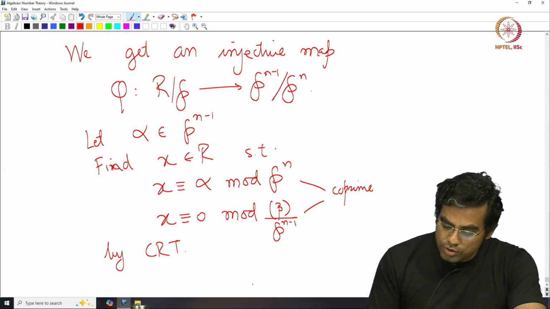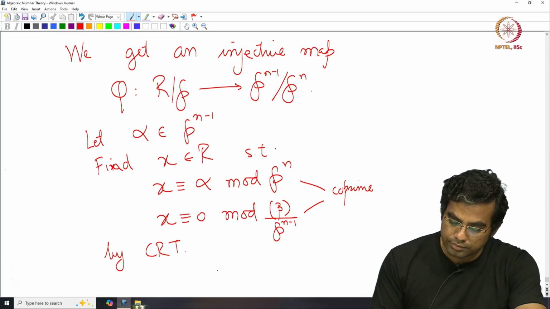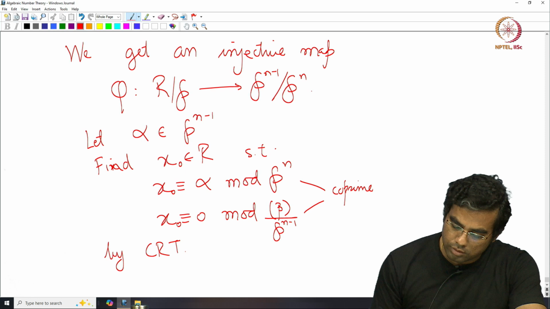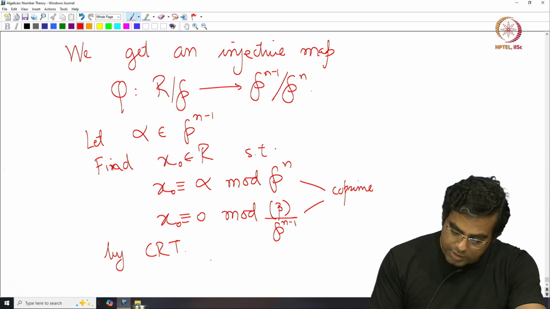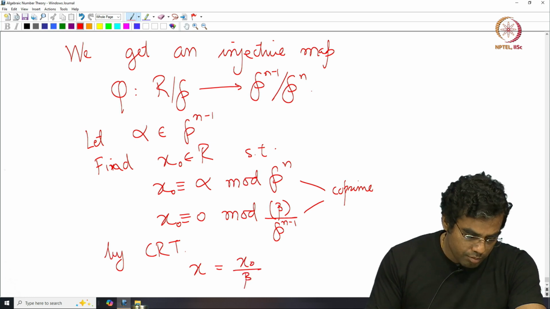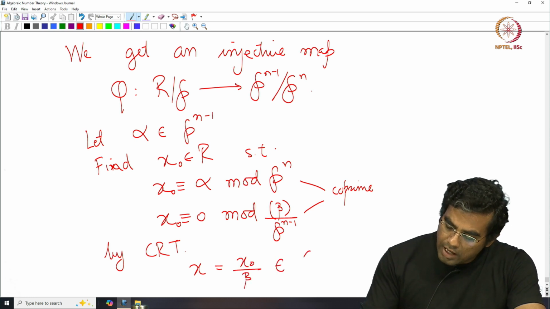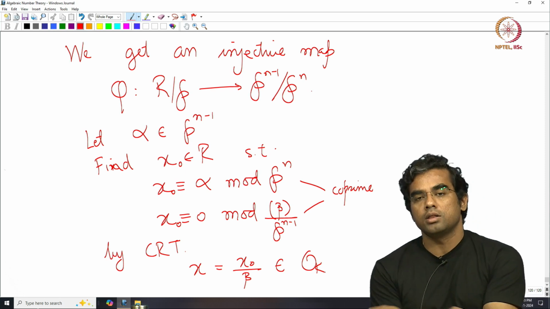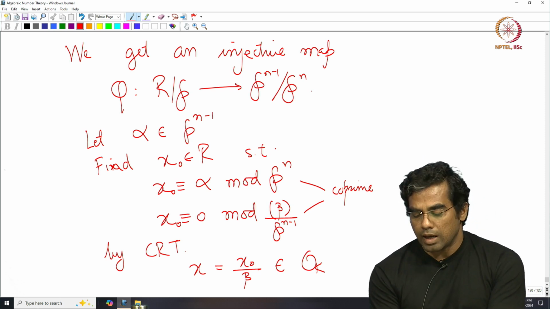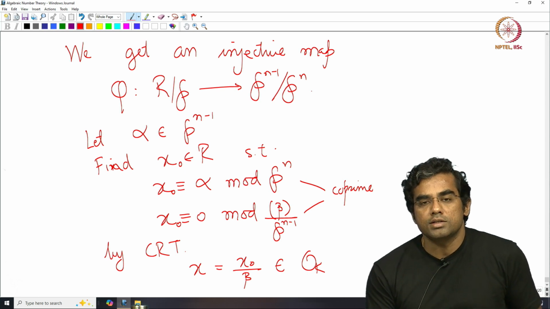Once you have found such an x, let me call this x_0. Once you have found such an x_0, you can put x to be x_0 by beta. And then the claim is that this is actually in the ring of integers of the number field K. And why is that? Well, you just look at the prime factorization of x.